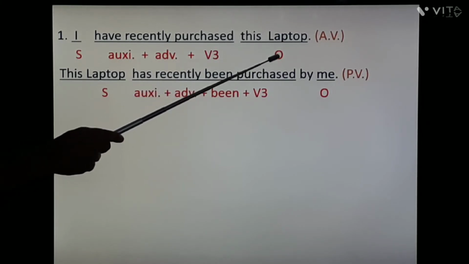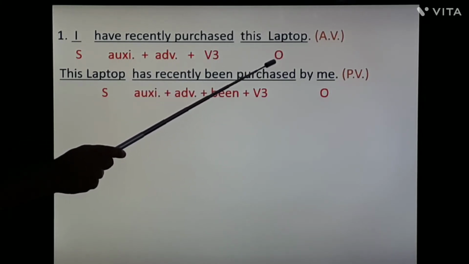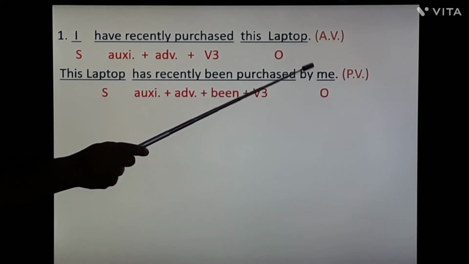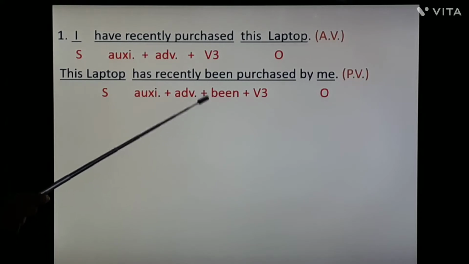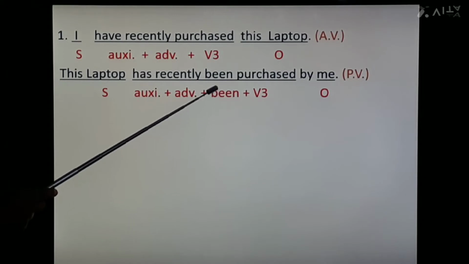Okay, this laptop, this is an object in active voice, and while turning to passive it becomes subject, this laptop. So according to this subject you have to put appropriate auxiliary verb or helping verb, and that is has, because we are doing present perfect tense. Then you have to write the same recently, adverb recently. After that you have to add been, because we are doing present perfect tense, and in that passive voice been is must.